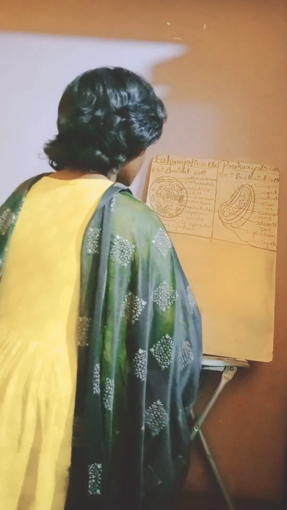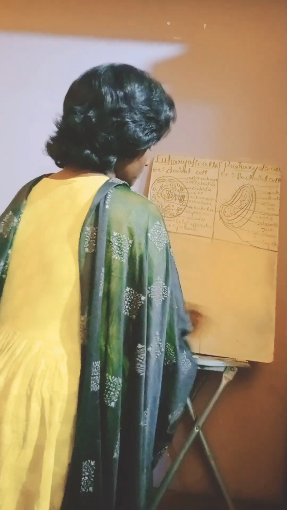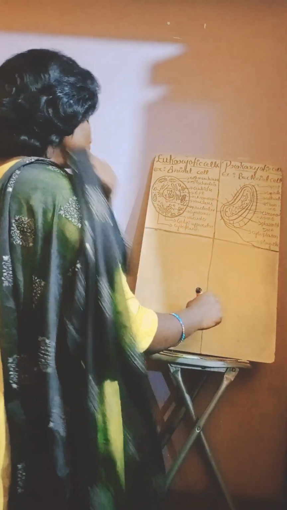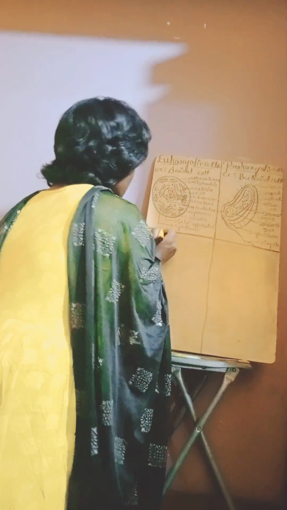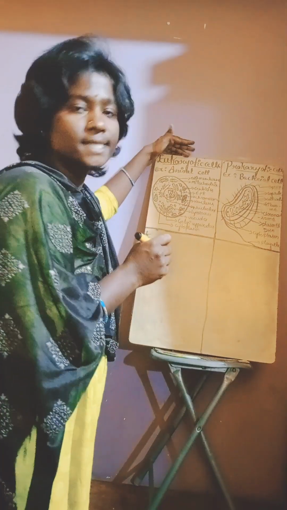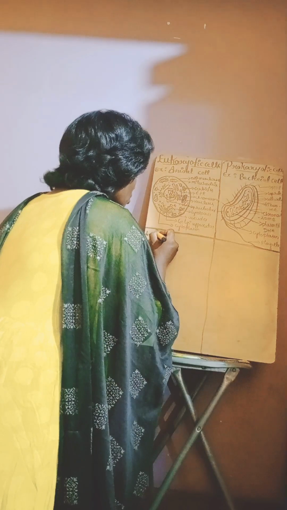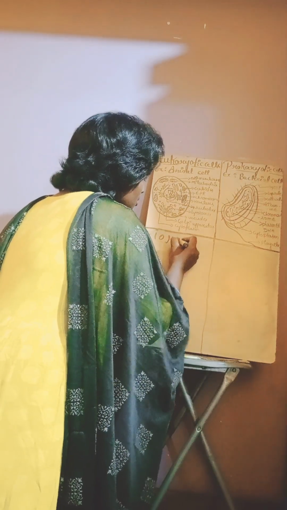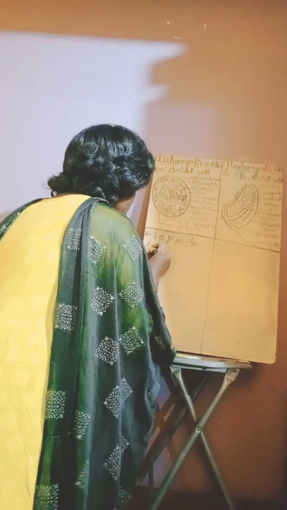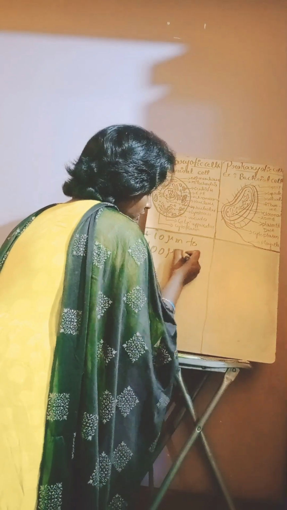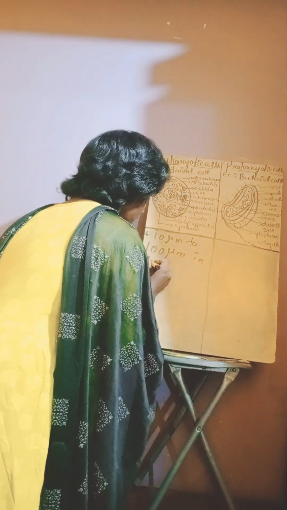Okay, next is the size. Eukaryotic cells measure about 10 micrometers to 100 micrometers in diameter.